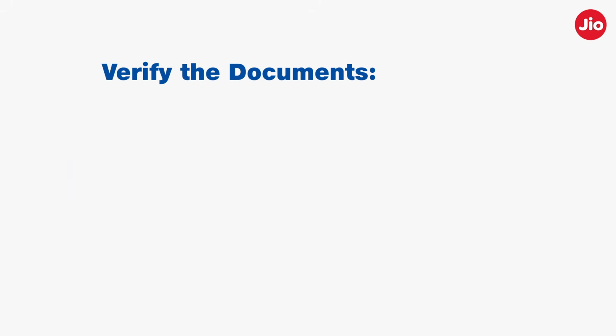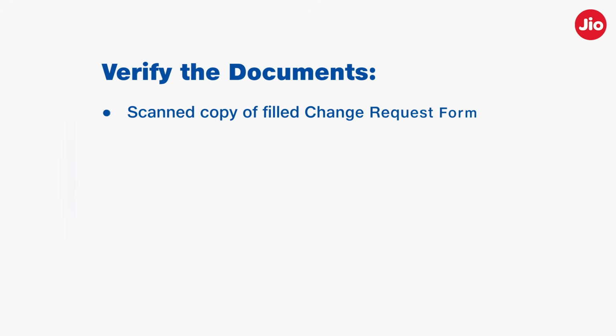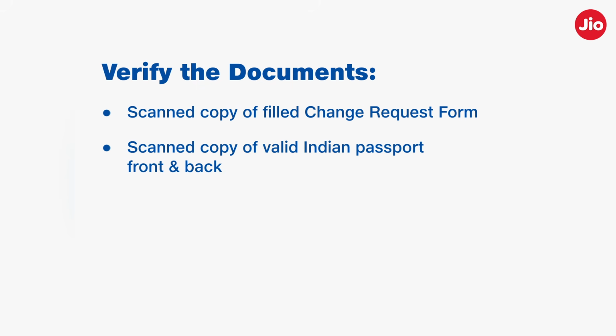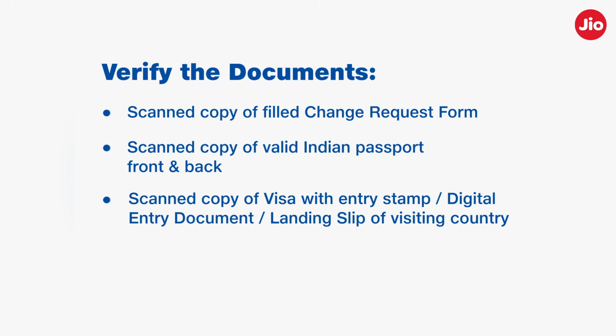Now that you have filled the CRF, let's recheck the documents. Scanned copy of the filled CRF, front and back page of the scanned copy of a valid Indian passport, scanned copy of visa with entry stamp or digital entry document or landing slip of the visiting country, screenshot of EID and IMEI if you require an eSIM.